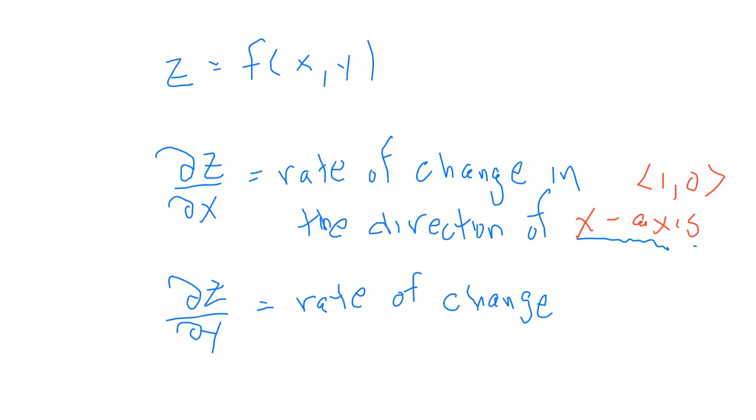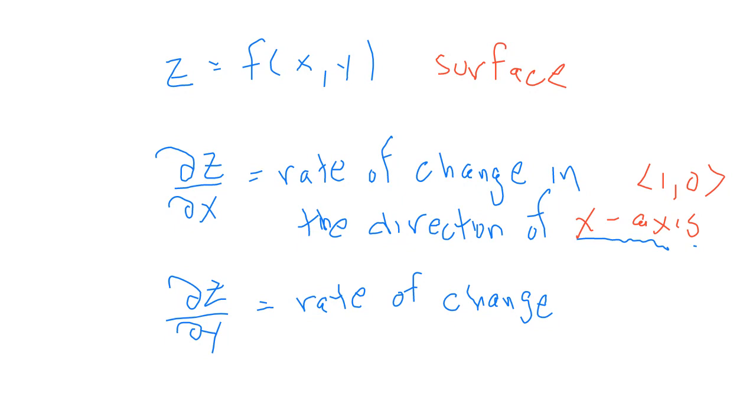The partial derivative. So in other words, z is a function of x and y, and this is a surface, right? And the surface goes up and down depending on which way you move. If you move in the x direction, the surface might go up or down. If you move in the y direction, the surface might go up or down.